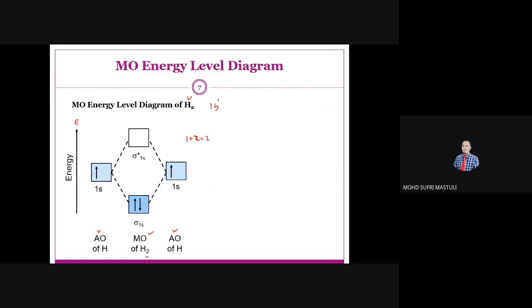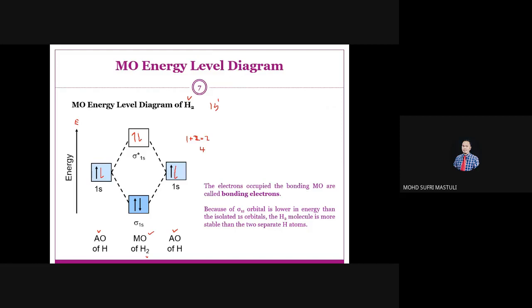Of course, we complete the lower energy level first: 1 electron, then a second electron. If we have another electron, for example 2 electrons plus 2 electrons is 4. So we complete this orbital first, 1 and 2, and then 3 and 4.